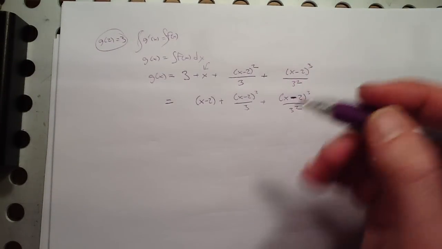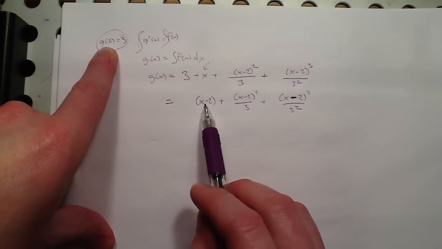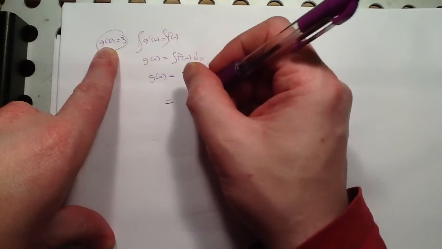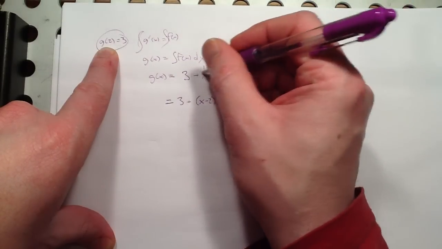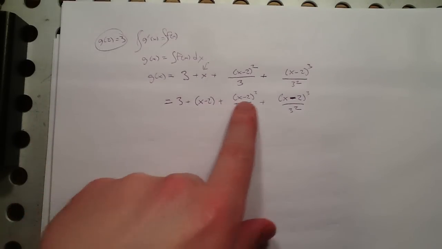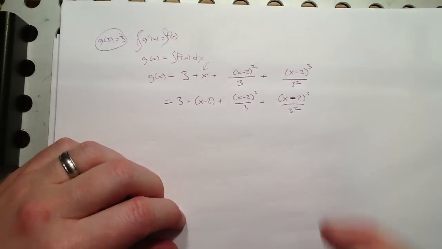If g of 2 is equal to 3, when you plug in 2, you're supposed to get 3. Oh, that's still right. I just didn't put my x minus 2 there. So when I plug in 2 into all these, I get 3. So that's good. I just forgot to put the x minus 2 here.